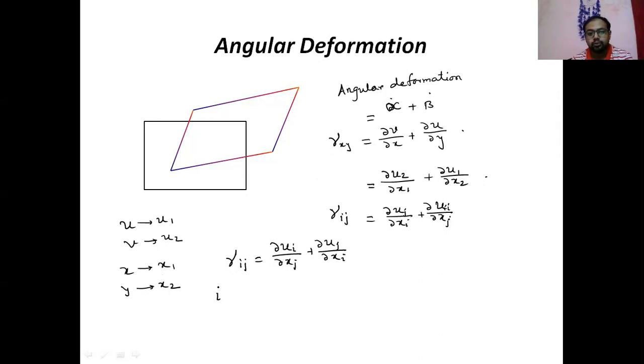If I is equal to 1 and j is equal to 3, that means the x and z coordinates. How will it be written? That is the easiness of getting this.